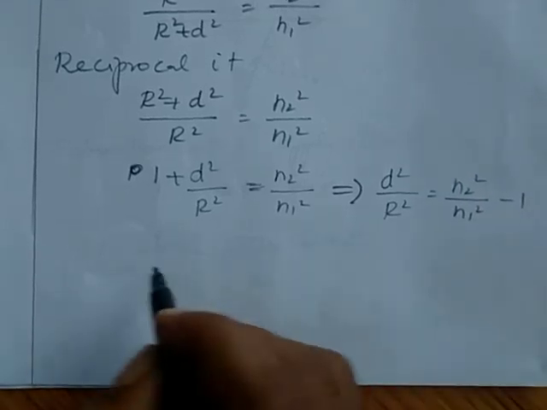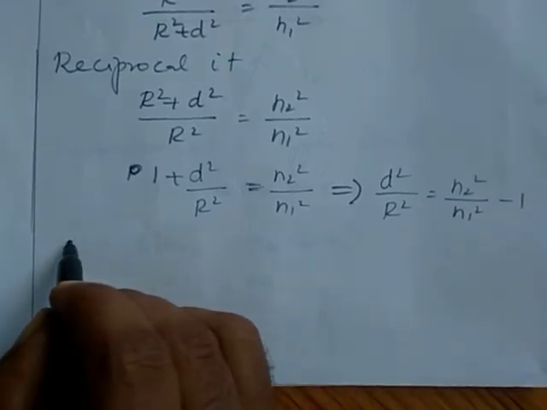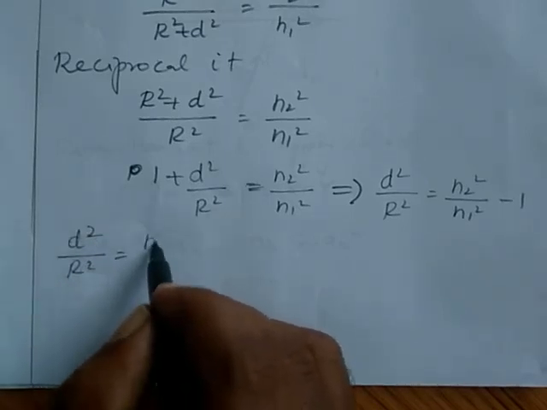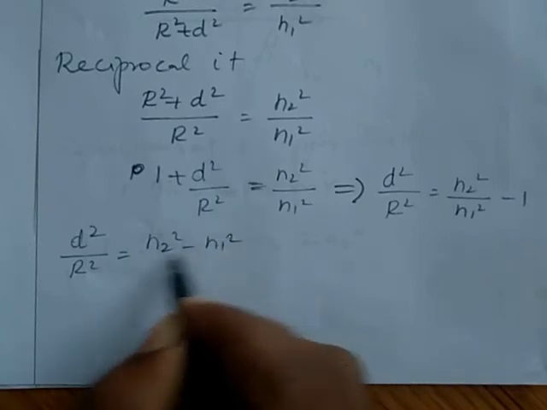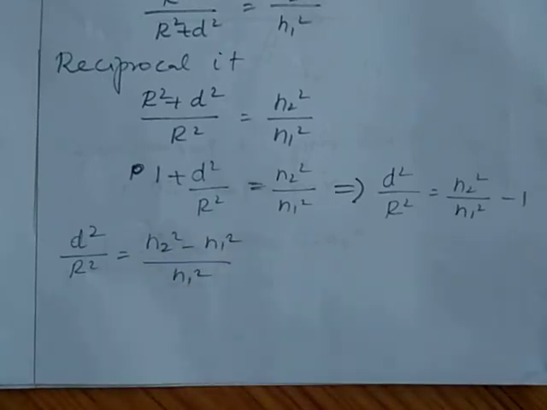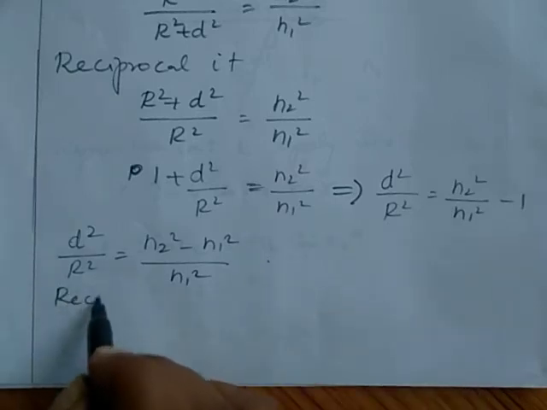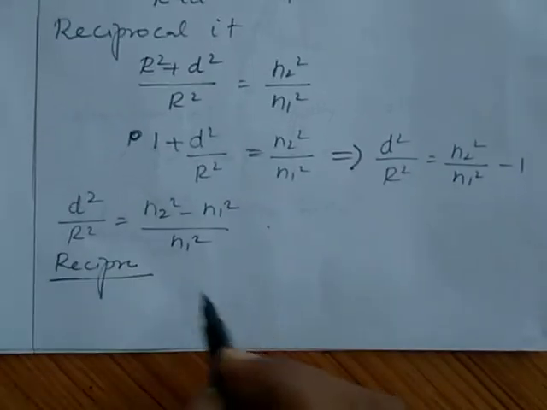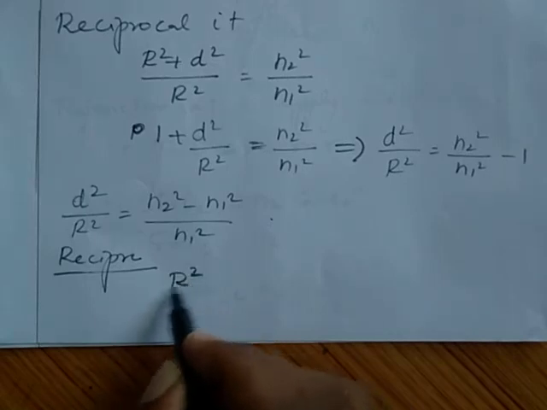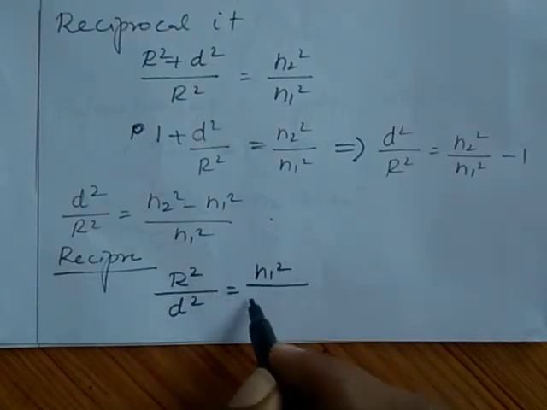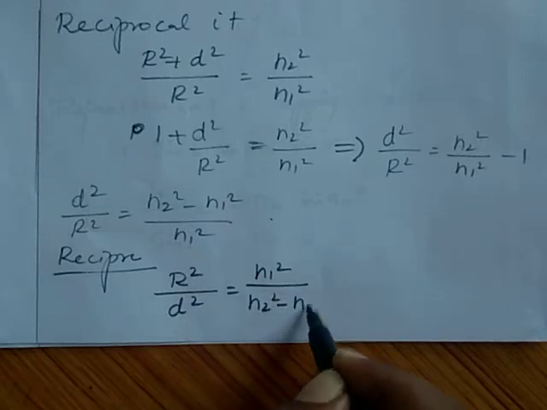Then we can write D square by R square is equal to n2 square minus n1 square by n1 square. Then again reciprocating it, we get R square by D square is equal to n1 square by n2 square minus n1 square.